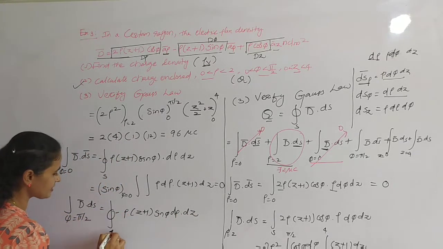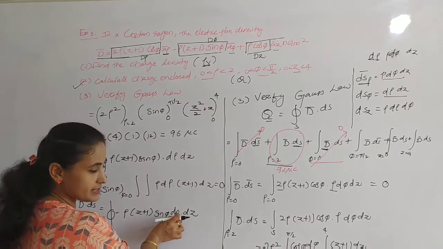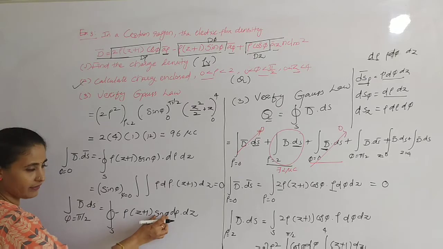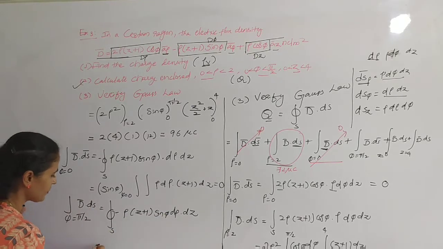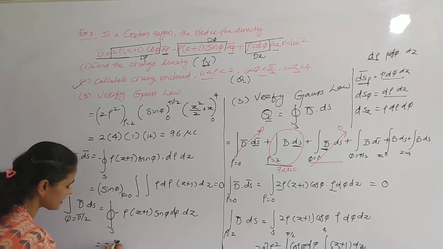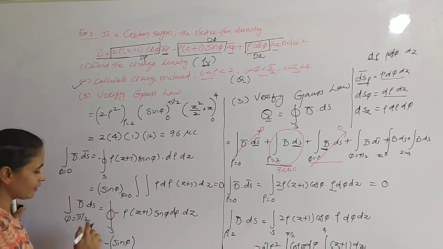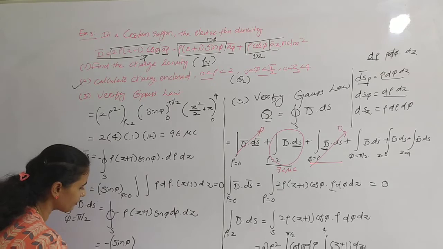So this is our surface integral, with two integrals, rho and z. I will take sin phi, which is a constant, outside, so I will take the minus sin phi out of the integration. The limit of phi is pi by 2.